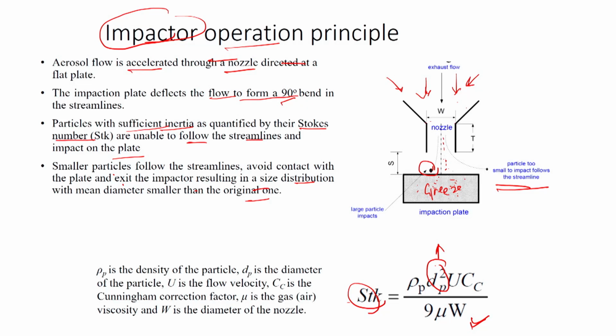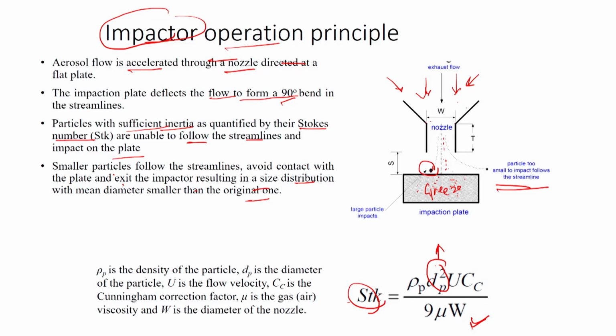So this is how the impactor works. For example, if I have to select PM 2.5 or PM 10, to collect PM 10 I have to remove particles larger than PM 10. If I have to collect PM 2.5, I have to remove particles larger than 2.5. So the nozzle size and the impaction velocity become very important.